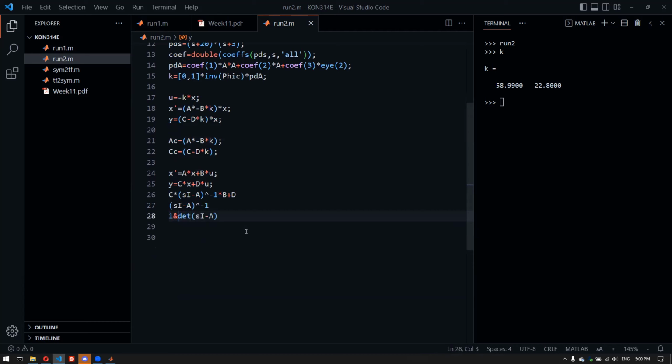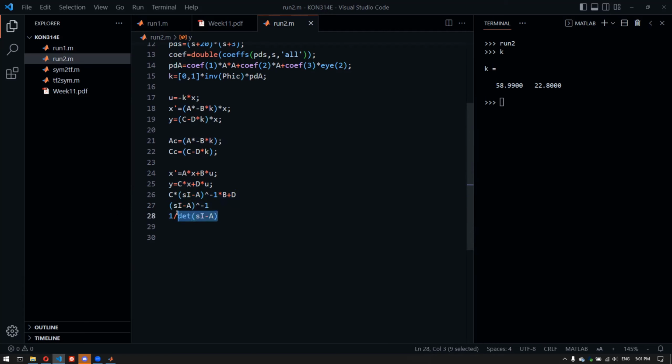So 1 divided by that times the cofactors, minors, and all that stuff that is necessary to calculate the inverse of a matrix. All those terms will appear like a matrix. Then we will multiply everything and add everything together, and it will end up being a polynomial here, which will represent the numerator. But the denominator will come from this term here, 1 divided by that sI minus A.